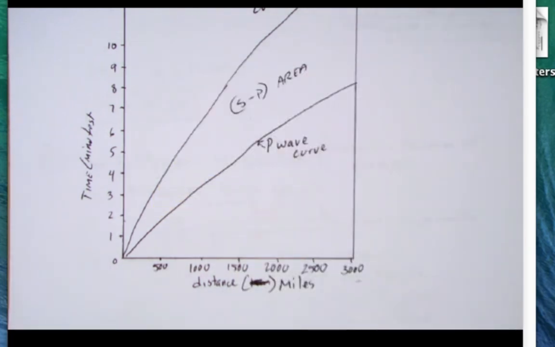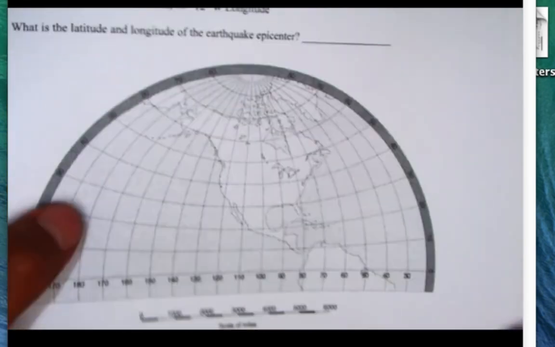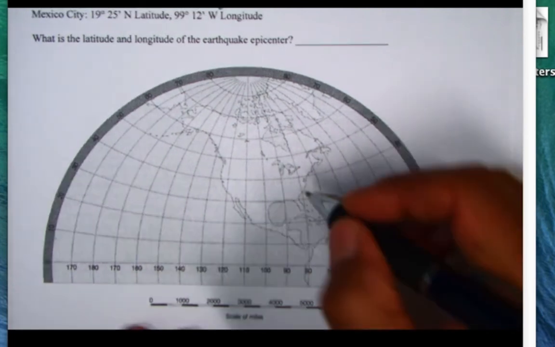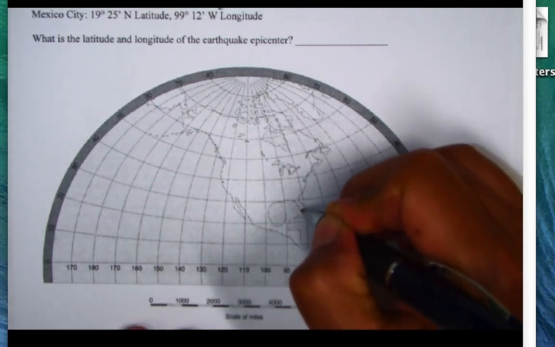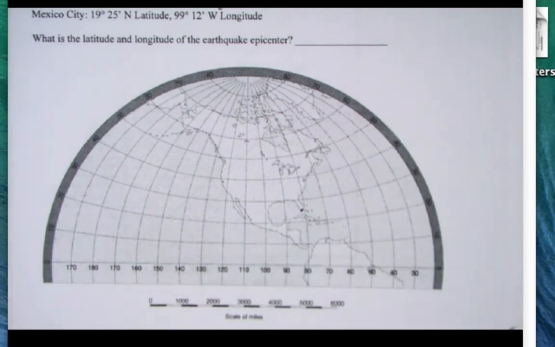Let's say I'm going to plot this on a map, and let's say that the station I just measured is in South Florida down here. I just determined it was 500 miles, so I'm going to calibrate my compass.